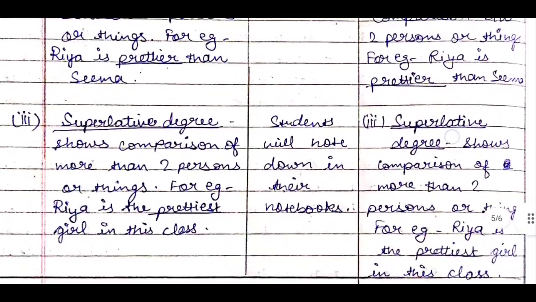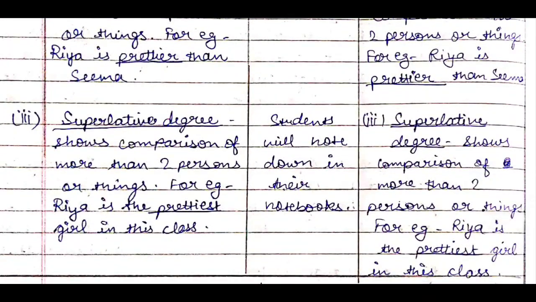And after that comes superlative degree. Superlative degree shows comparison of more than two persons or things. For example, Ria is the prettiest girl in the class. Now we are comparing Ria with so many students. Students will note down in their notebook, and we'll write this on the board also.